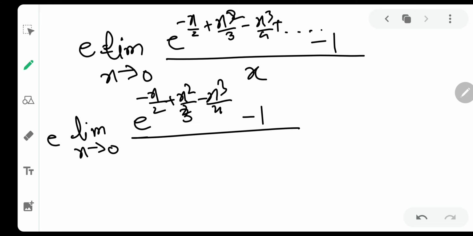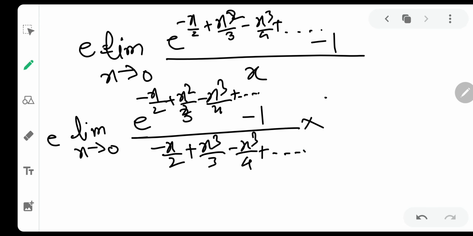Now check the numerator and check the power of e. It is minus x by 2 plus x square by 3 minus x cube by 4. Put x as 0. So you will get the power as 0. So that is turning up to infinity. So minus x by 2 plus x square by 3 minus x cube by 4 up to infinity, multiplied and divided.